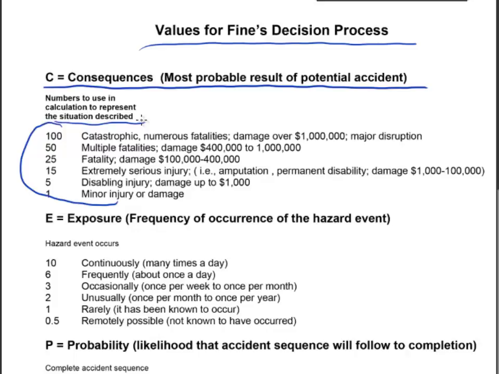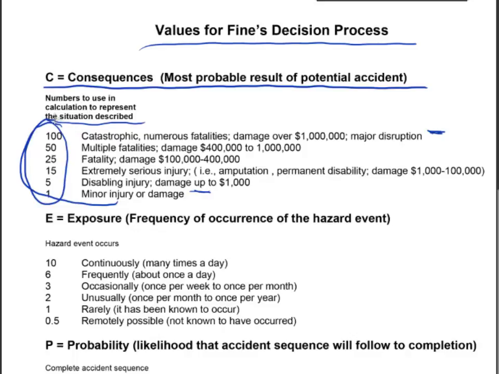For example, a tornado. Gosh, that might have some catastrophic consequences, mightn't it? Minor injury or damage, not so much. So these numbers right here are the numbers that we're going to use in our calculations.